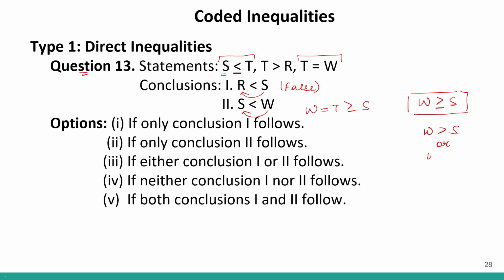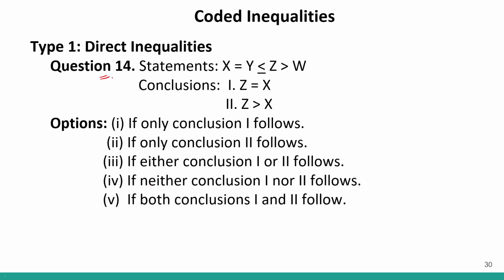But other is also possible that W is equal to S. These two situations are possible, correct? So this one will be false because this is not definitely true. Correct? If we have another option, let's say we have an option 3 that says S equals to W, then we can say either option 2 is true or option 3 is true. But we don't have this option. Correct? So this will be false. So my answer will be neither conclusion 1 nor conclusion 2 follows. Option number 4. Okay?